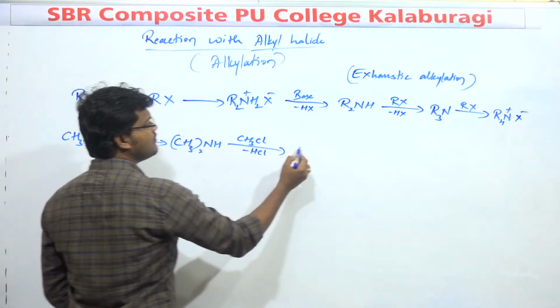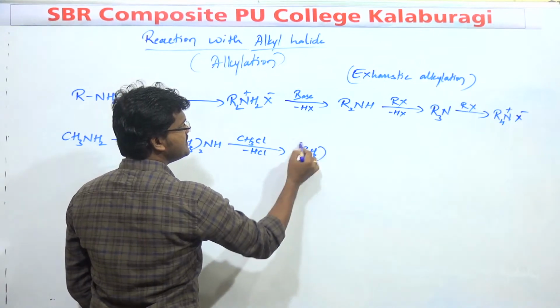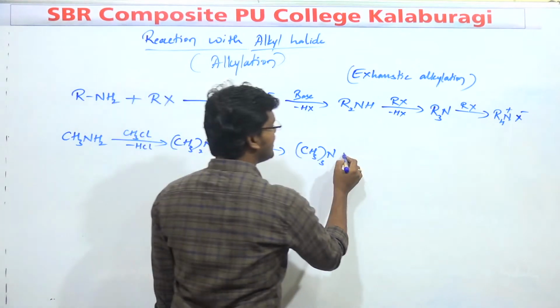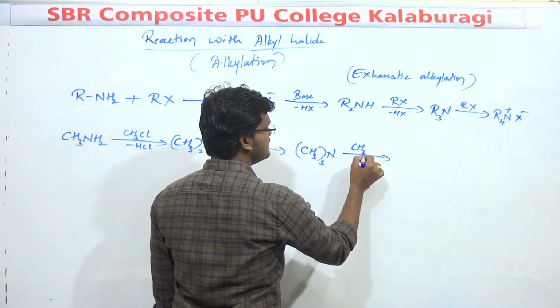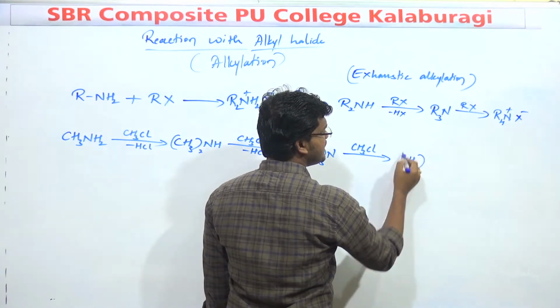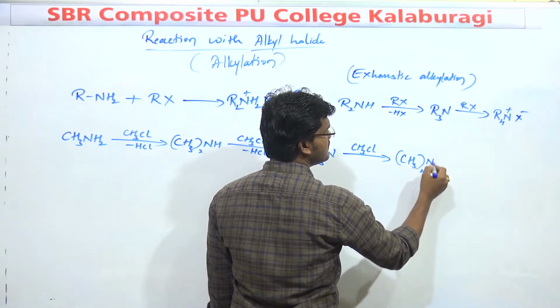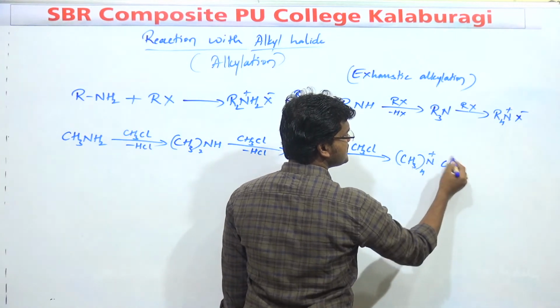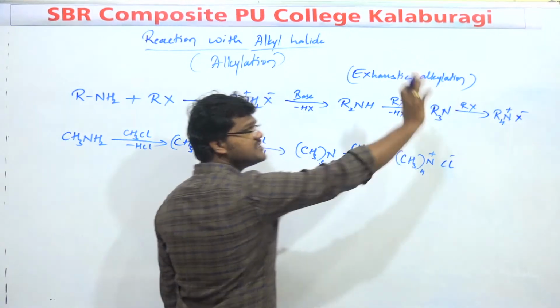Then tell me what I will be left with. I will be left with (CH3)3N, tertiary. Again, I will add one more mole of CH3Cl. Again, I am going to get (CH3)4N+ Cl-. So this is my quaternary ammonium salt.